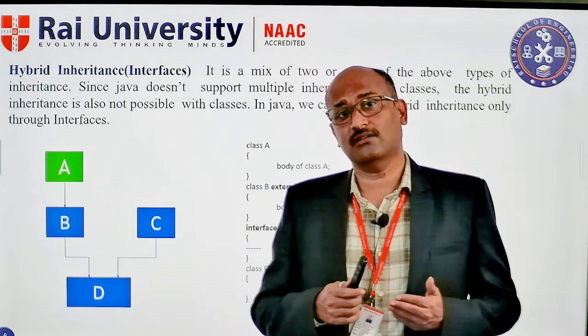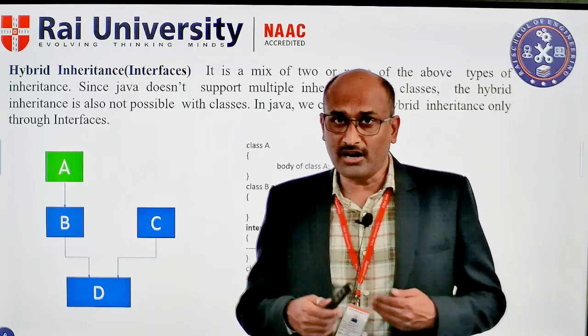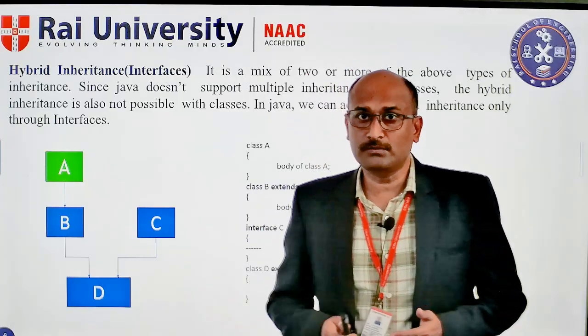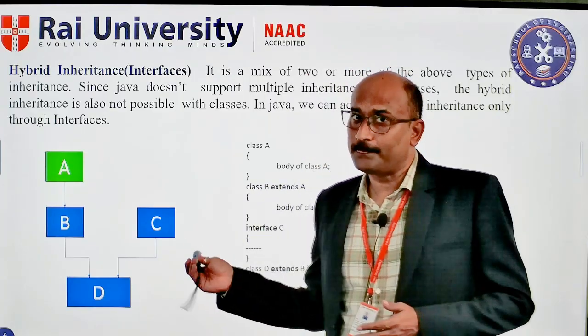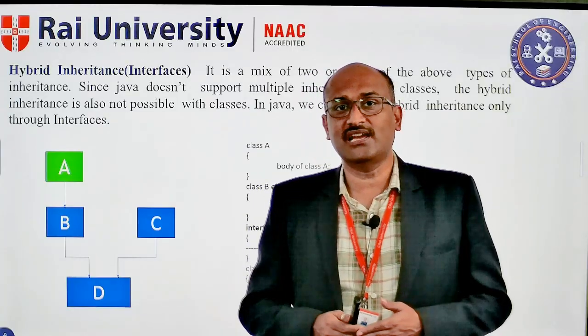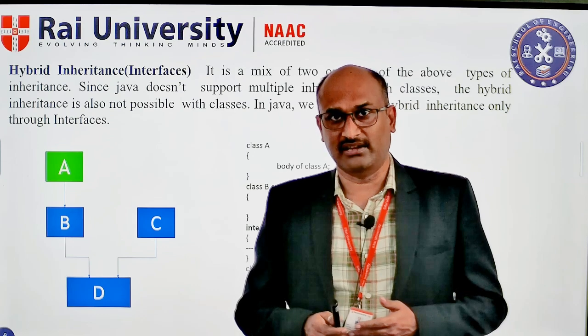So the class and interface are similar, but there are some more differences between them also. But interface is a very useful technique to implement multiple inheritance in Java, and you can use this technique to implement hybrid inheritance in Java as well, right?